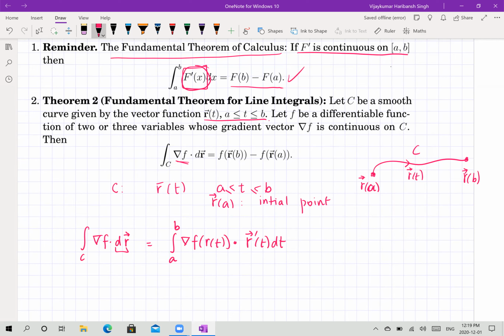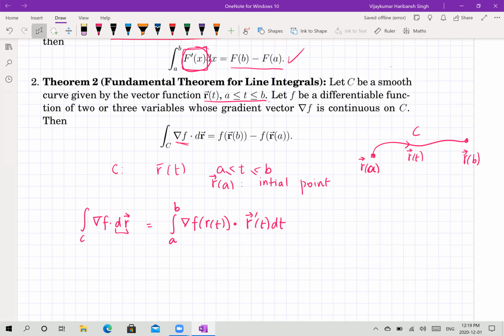But what is r prime of t? If r has x, y, z coordinates, then r prime is dx by dt, dy by dt, and dz by dt. If you're considering 2 variables, then you're only interested in the first 2 components.